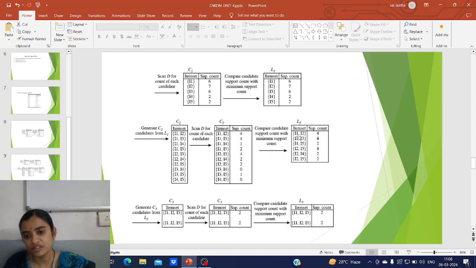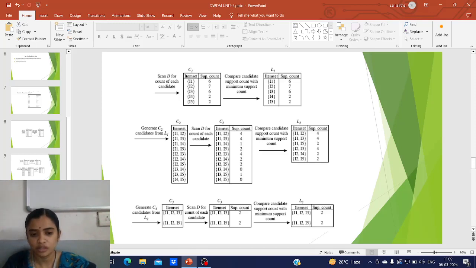The main constraint, if you observe, is that in L2 we have more than three item sets, but in the C3 candidate item set we have only two item sets, and they consist of three items. That is fine. So why are the number of items reduced? First you have to calculate whether each combo satisfies the support count or not.